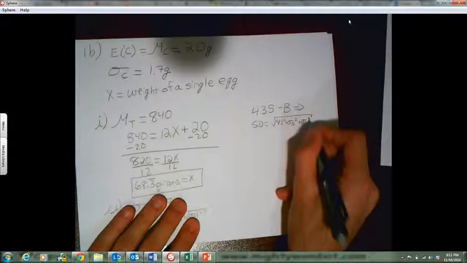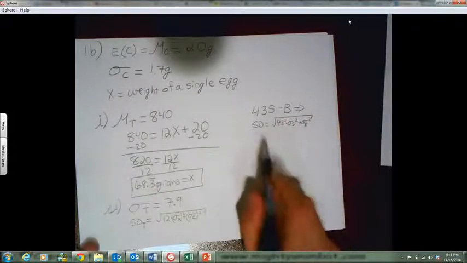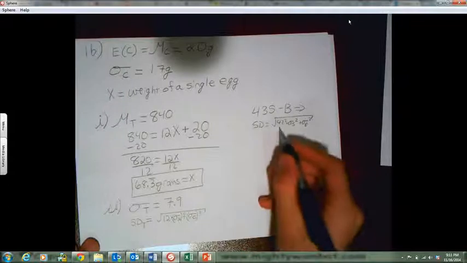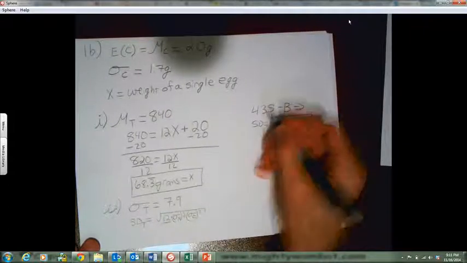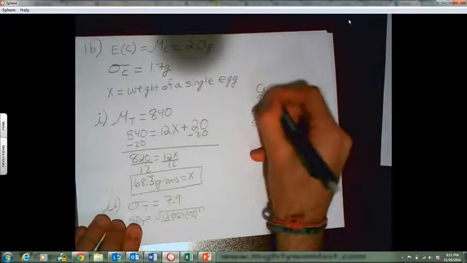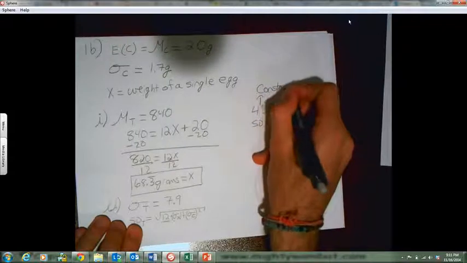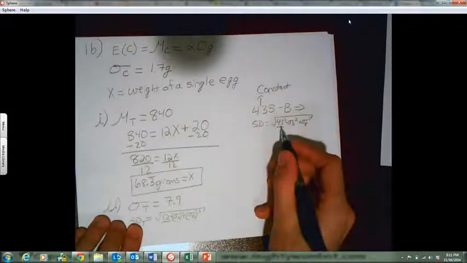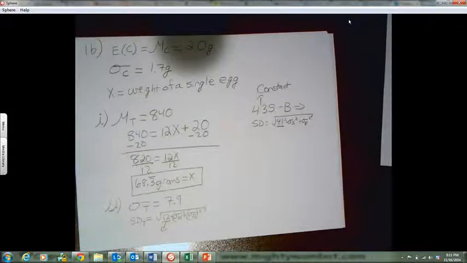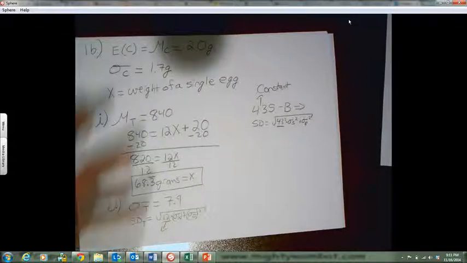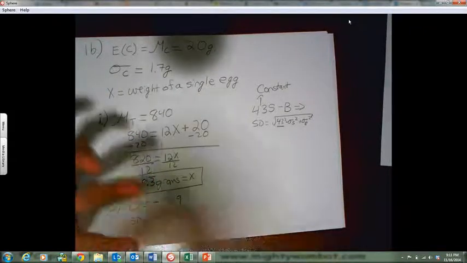The difference between this situation where we square the 43 and this situation where we simply use the regular 12 is the following. Here, this 43 was a constant. If the 43 is a constant, we need to square it. Here, the 12 is not a constant. The 12 represents the fact that we have 12 eggs. It's not that I'm taking one egg and multiplying it by 12, it's that I'm taking 12 individual eggs and combining them.